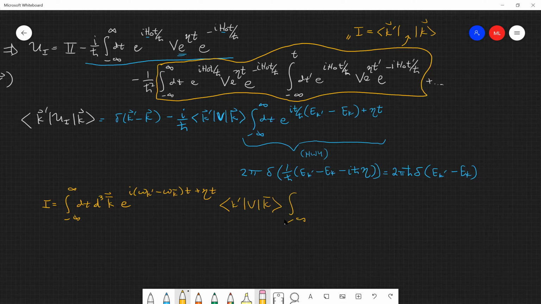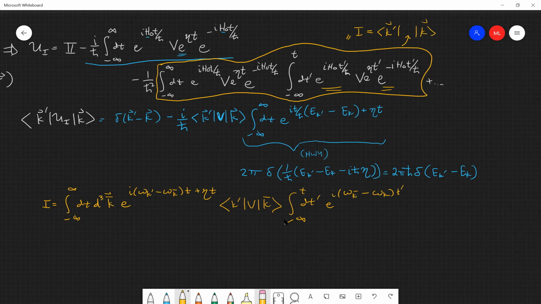Then we have the integral from minus infinity to t dt prime. And now we have more exponential factors, e to the i. This time we have an omega k bar as our bra, which this guy acts on. Then we have a minus, this term acts on the k, so you get a minus omega k. This is all acting on t prime.